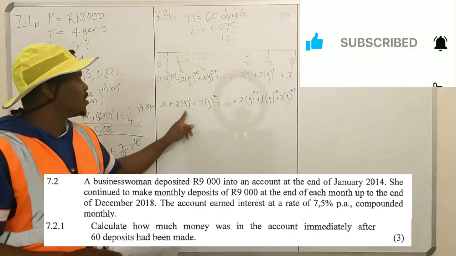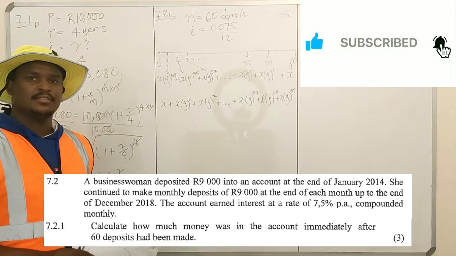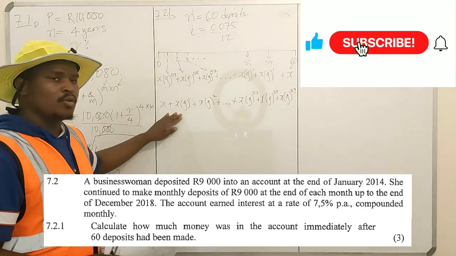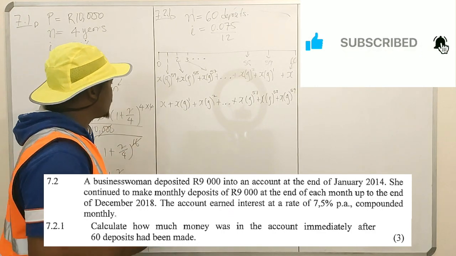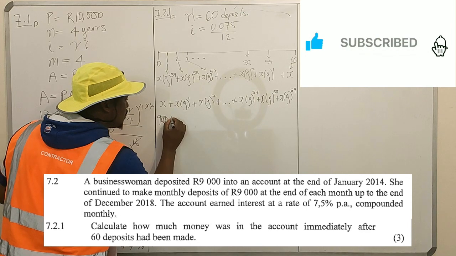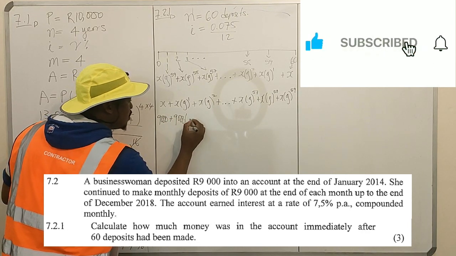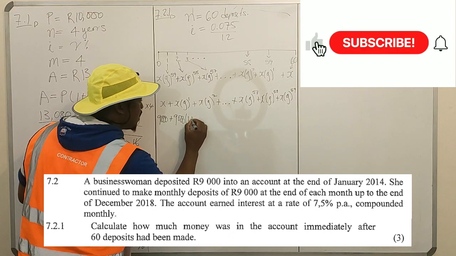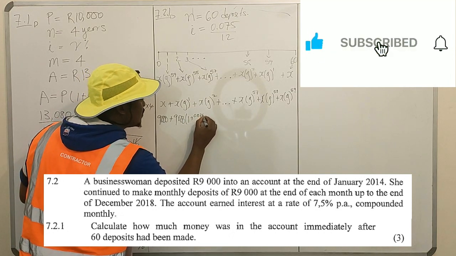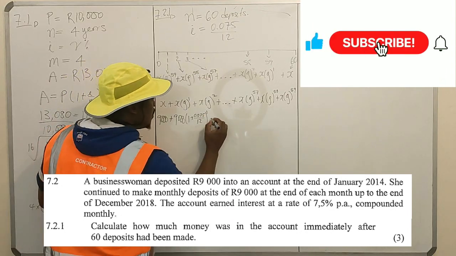So we have made a total of 59 payments. If you look at this very closely, you can say, okay, this is my 9,000, plus 9,000 into 1 plus 0.075 over 12.